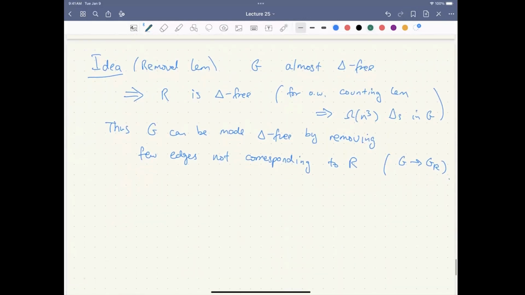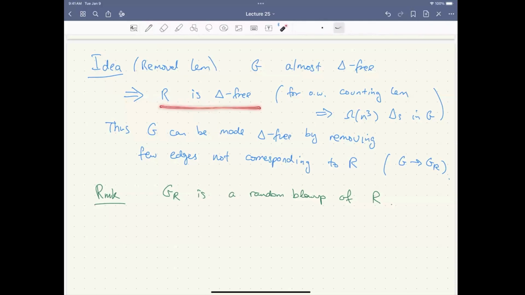Another remark here is that another way to see this last line is by removing all those edges not corresponding to R, GR is a random subgraph of a blow up of R. But since R is triangle free, its blow up must also be triangle free.